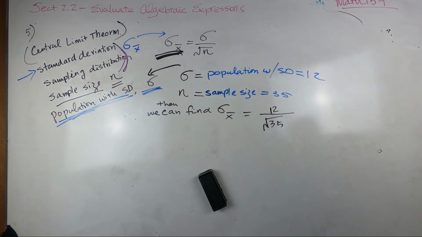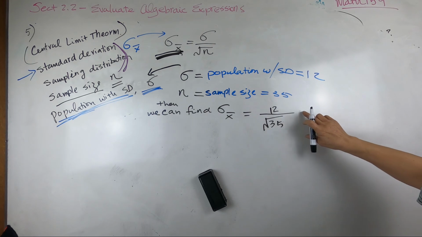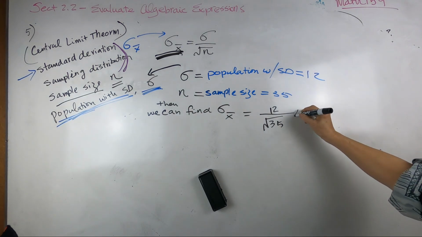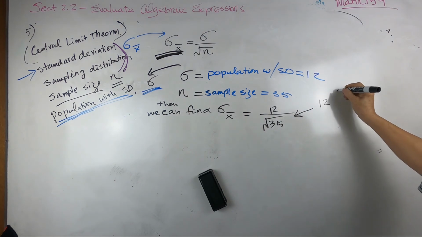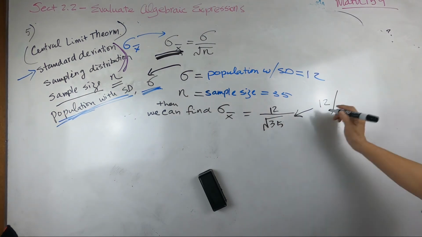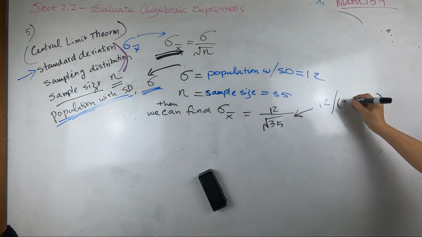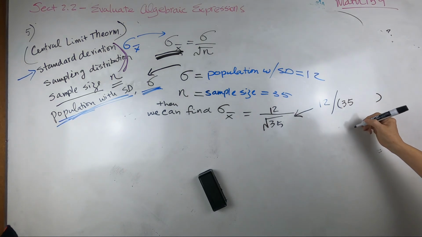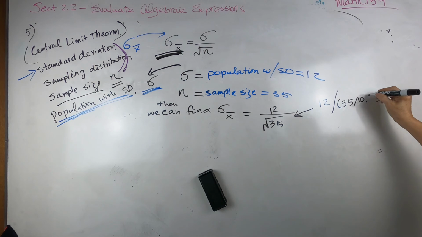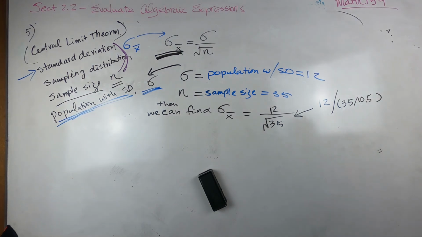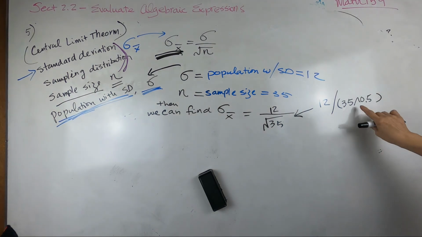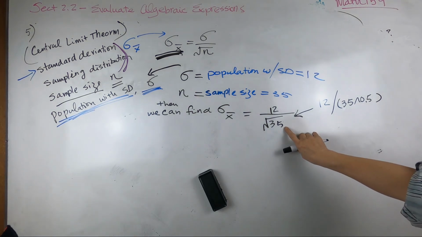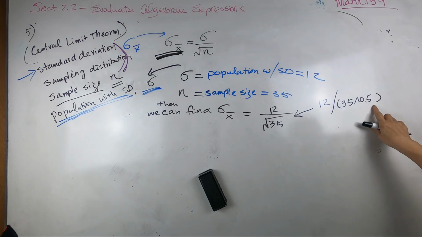Then we put it into the calculator. Remember, this line is a group symbol. So we need to do 12 divided by this group. The square root of 35 is what? We put 0.5 as the power. This one half is the power, so for the square root, you use the half power.